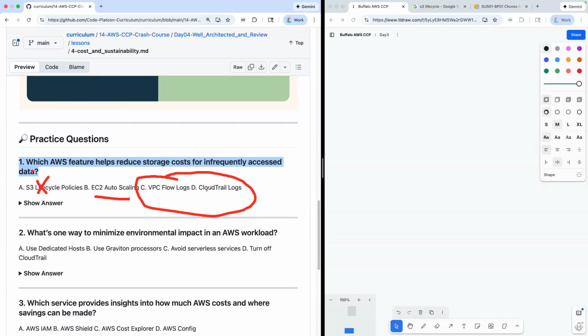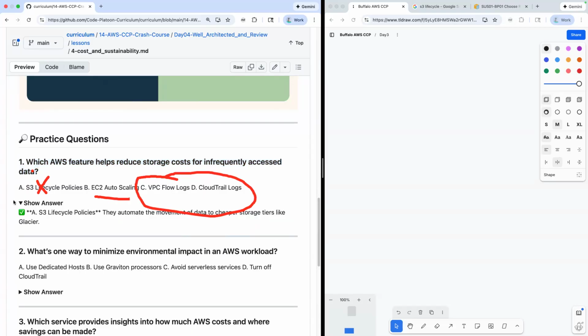So what do you think C and D, if you had to guess, what does a VPC flow log do? I don't know, but I would go with one of the last two, I guess. Got it. Maybe it is future reduce storage costs. Let's say D.